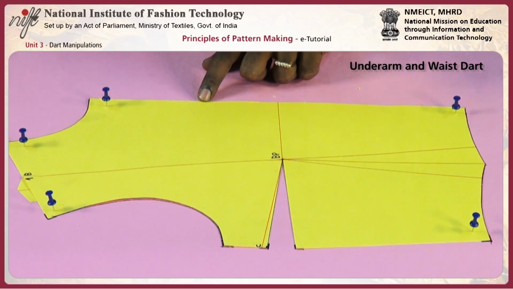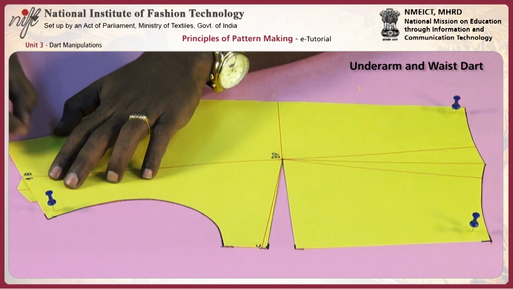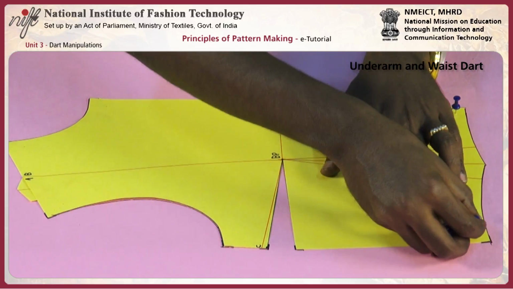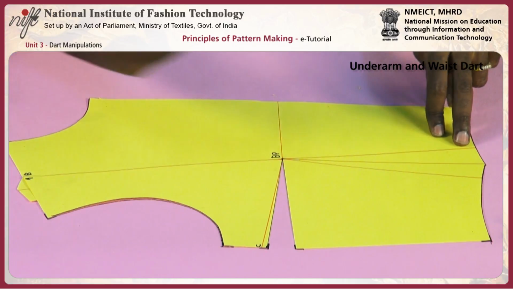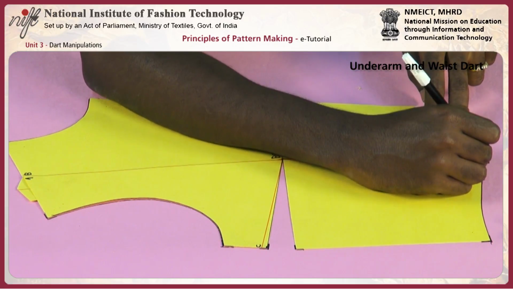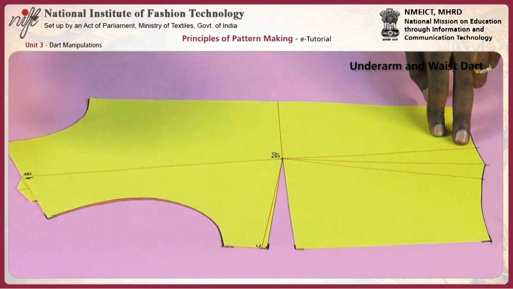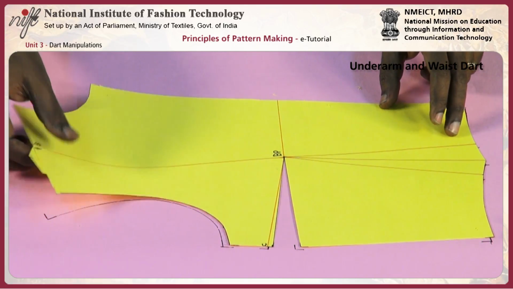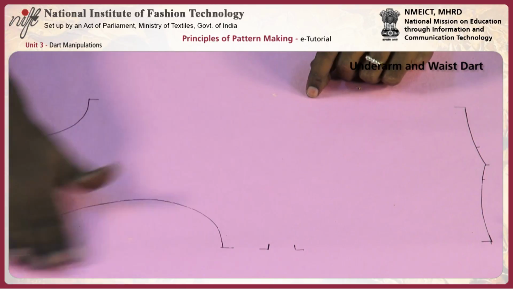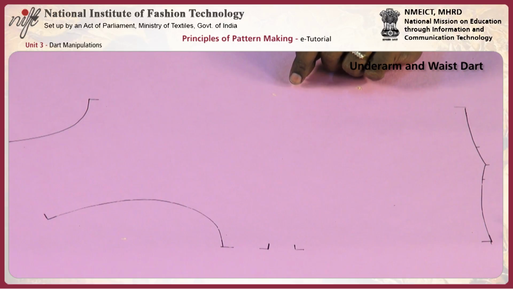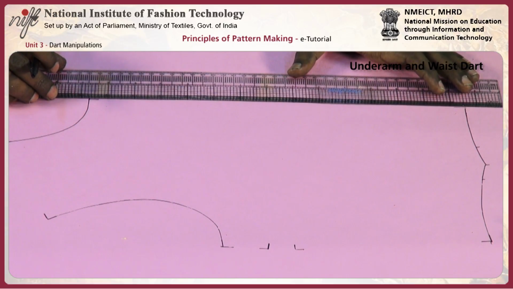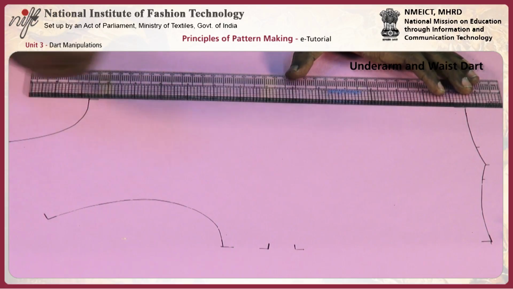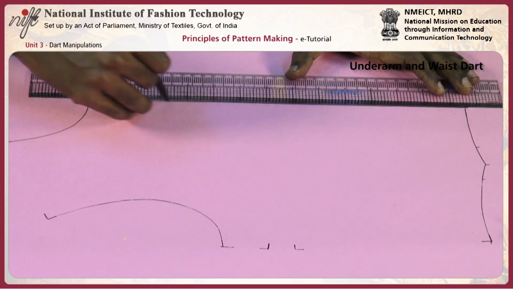Once you confirm you have marked all the marks, remove the working pattern. Connect center front line with the straight line.